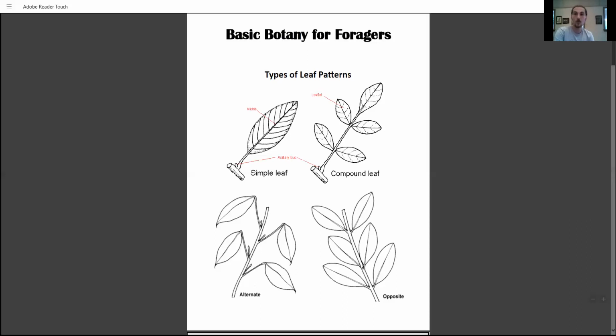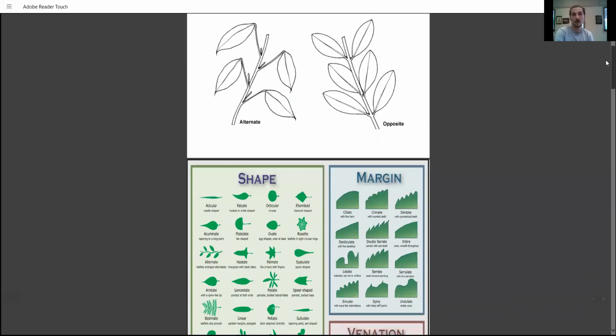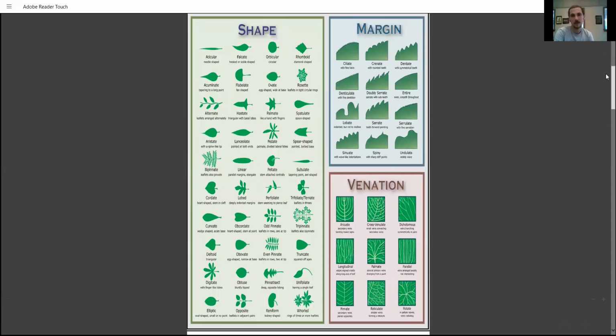And let's move on from the leaves, the edges of the plant, shall we say, oh, I'm sorry, I forgot about this page. I include this here purely as a reference source, and this is just to give you an idea of all of the terminology that is out there, for all the diversity of the shapes of leaves, the margins, what is the texture or shape of the edge of the leaf, the margin, and of course the venation, again, those specialized tissues within the leaf that act as pipes and are going to be moving material.